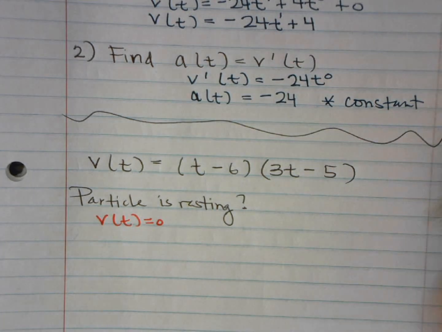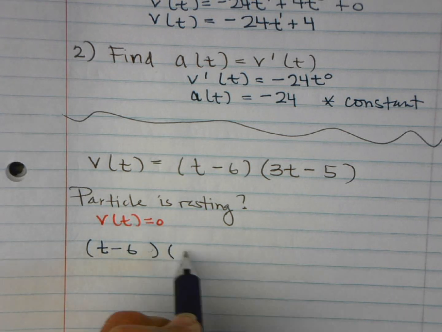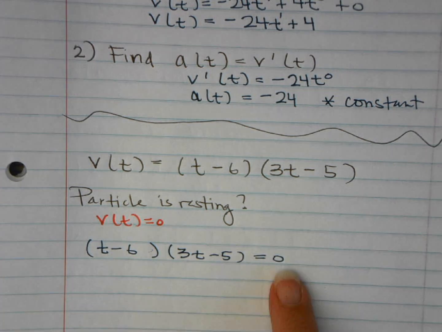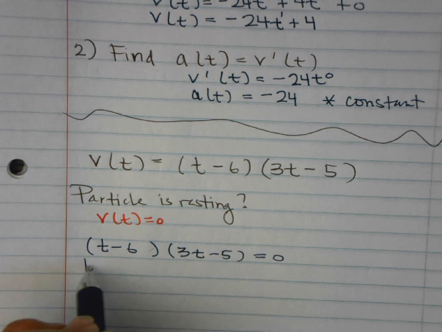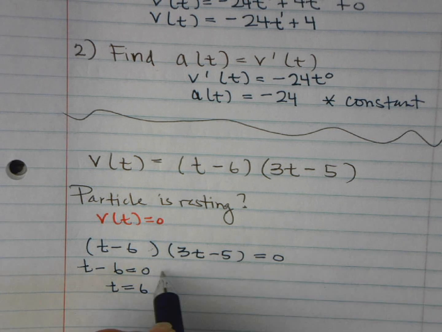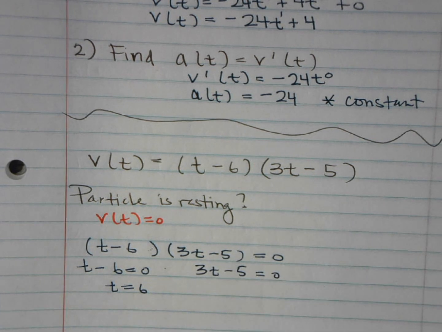So I just need to set that velocity equal to 0. So I have (t minus 6)(3t minus 5) equal to 0. And then we're going to use the zero product property. So I'm going to take t minus 6 equal to 0 and solve. That would be t equals 6. And then we do the same thing over here, 3t minus 5 equal to 0, and solve that equation.